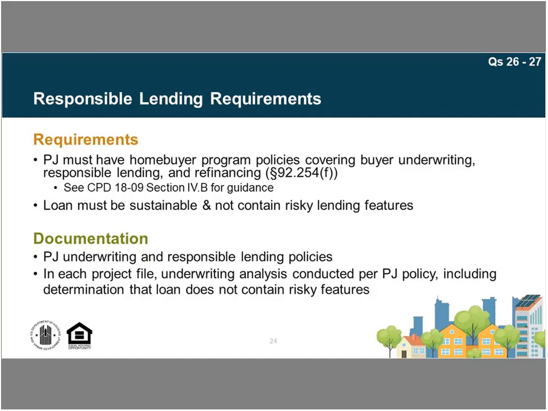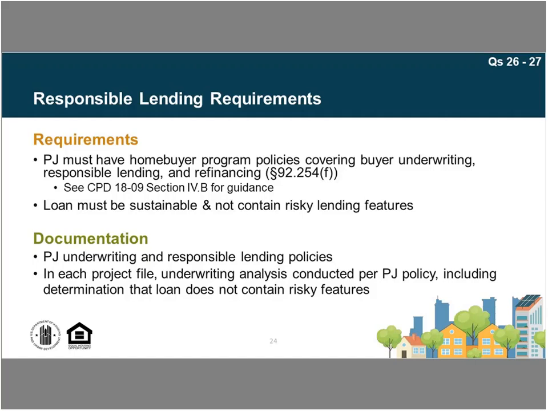Your buyer underwriting is likely to go into issues looking at front and back ratios and issues like that, to determine whether they'll be able to handle all the costs of homeownership, while responsible lending looks at the terms of the first mortgage and whether or not that mortgage is sustainable and is acceptable by your standards.